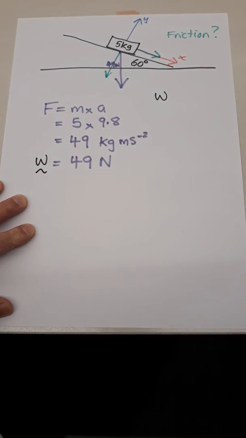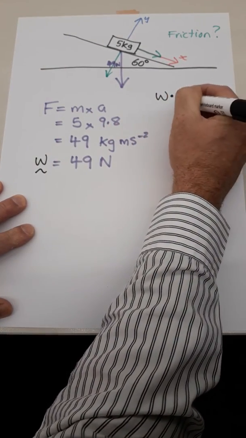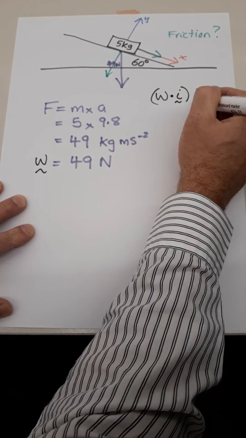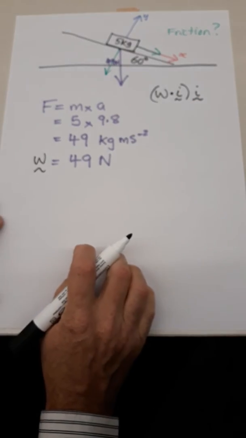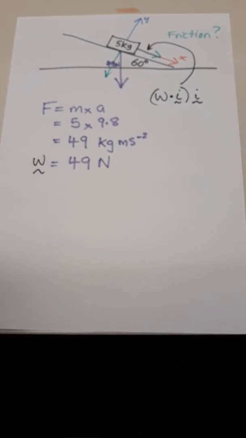The weight is 49 newtons. What I've just written there is referring to the amount of that weight of 49 newtons that is heading down that inclined plane.